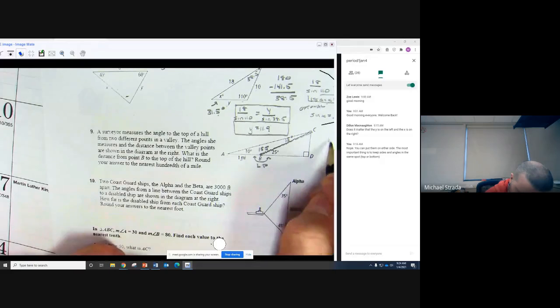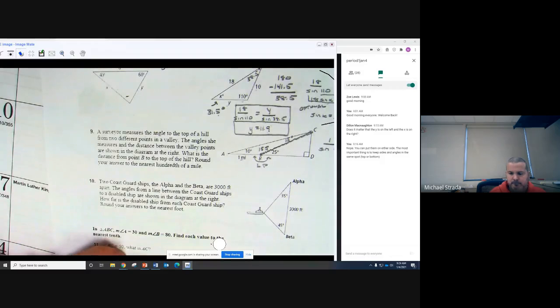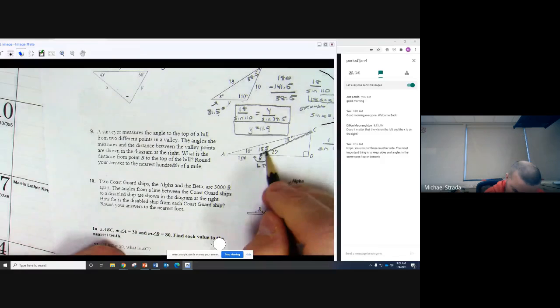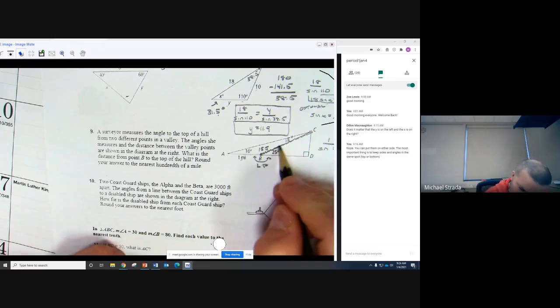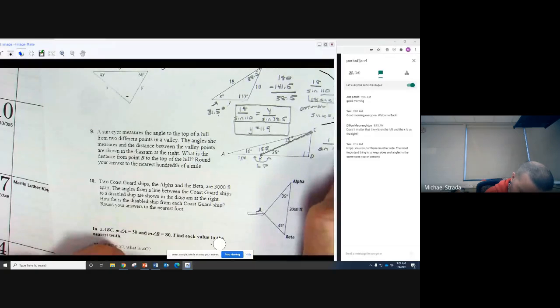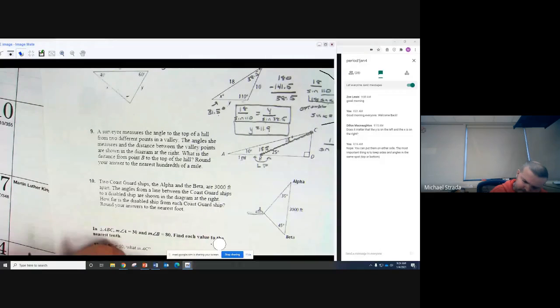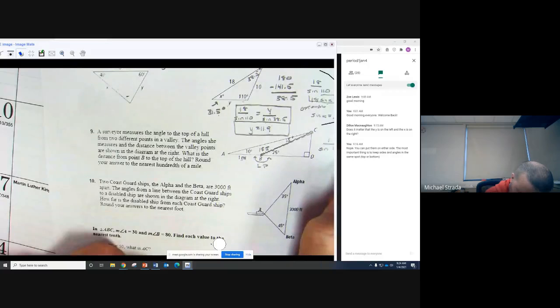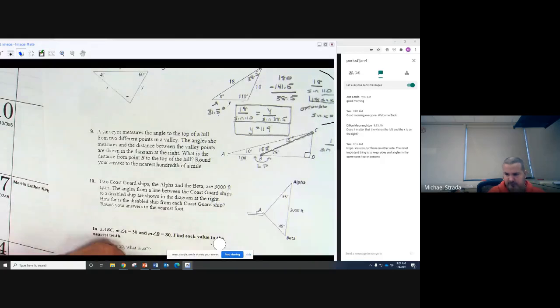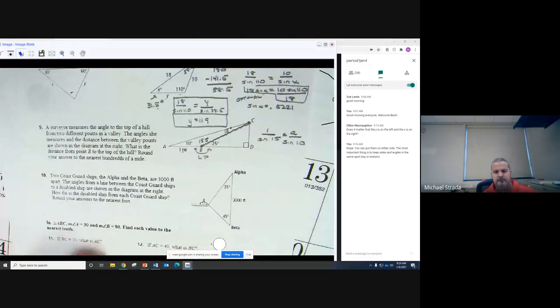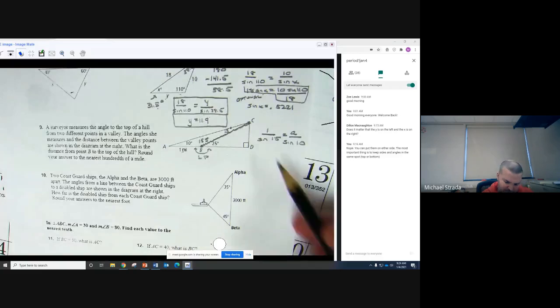So I put 1 over sine of 15. I'm trying to get that segment there, so I'm going to call that A since it's opposite angle A. And the angle opposite is 10 degrees, so it's A over sine 10. So 1 over sine 15 equals A over sine 10.